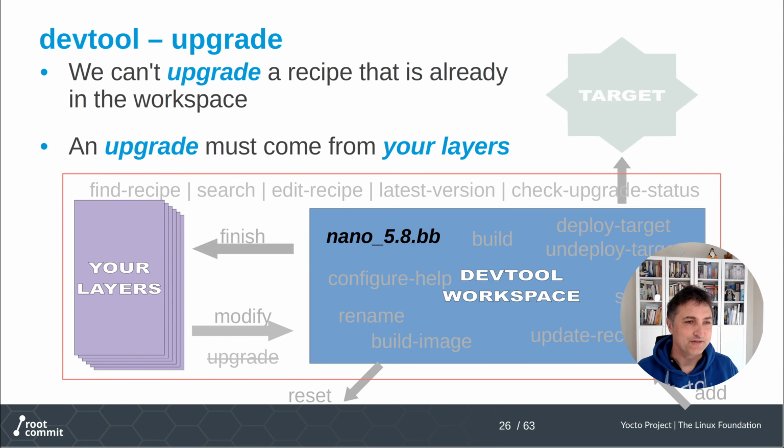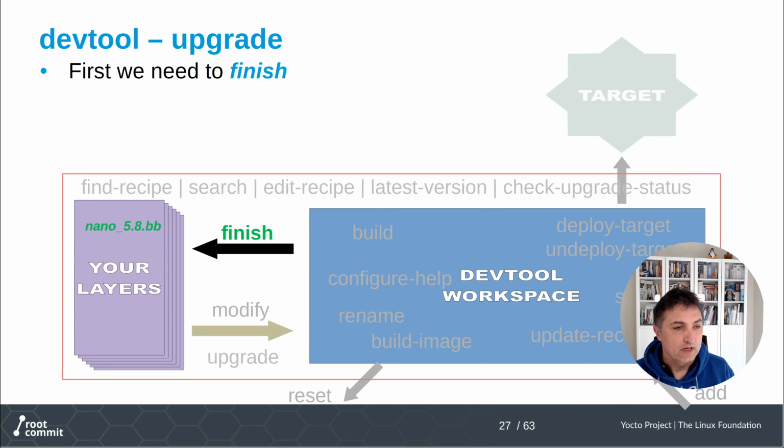So as I was starting to say, we can't upgrade the recipe that's already in the workspace. So we'll have to put the recipe in our layers first, in our case, meta-foo. There's a command for this, devtool finish, that allows copying the recipe from the workspace back into the layers where it belongs ultimately.